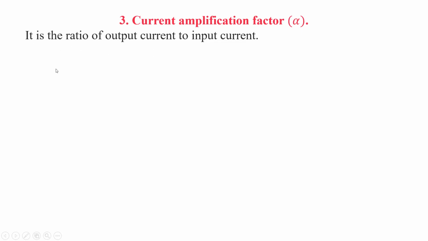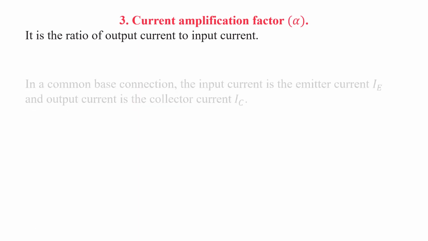Another important characteristic of the CB mode transistor is the current amplification factor, represented by alpha. Basically it is the ratio of output current to input current in the circuit.